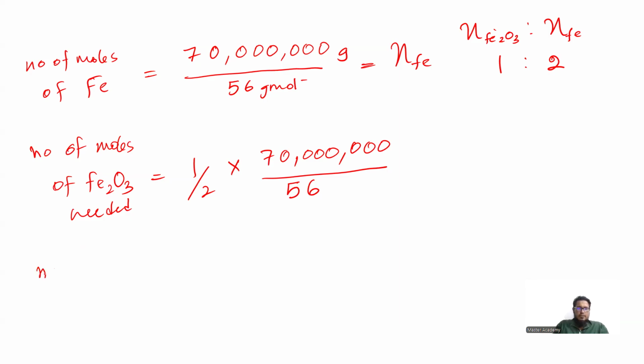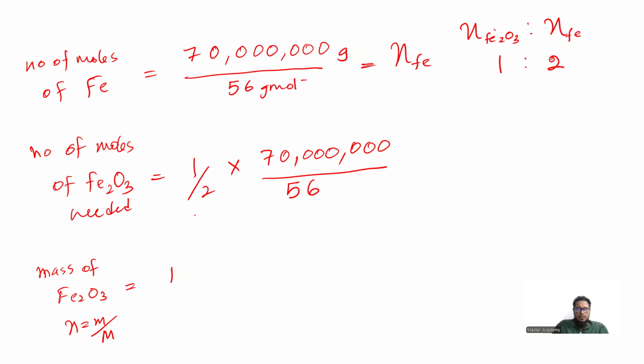Then now convert to mass. Mass of Fe2O3. How do we do it? By using n equals small m over capital M equation. Number of moles into molar mass will give you the mass of Fe2O3.